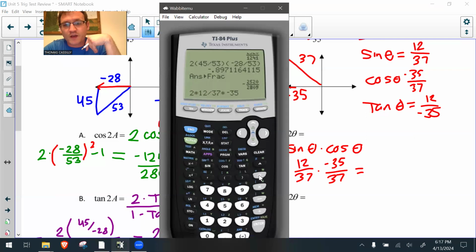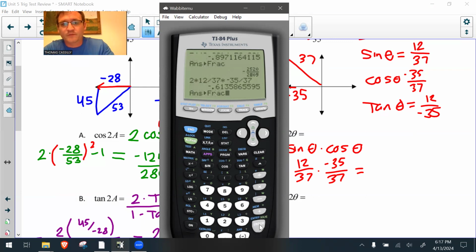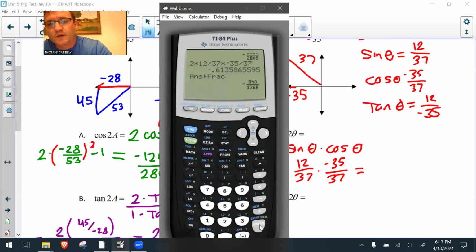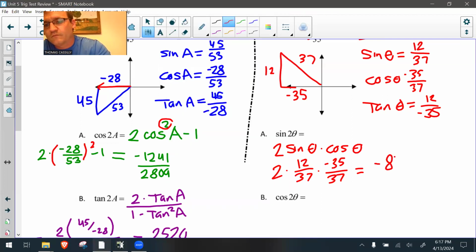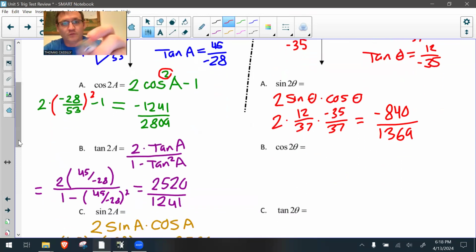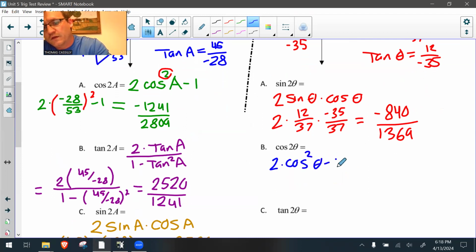And again, just to reiterate, these are fractions, but a fraction is just divide, okay? So these are the same things that I'm typing into my calculator here. So yeah, 840 over 1369. Right. The cosine. Again, there's multiple identities. I'm just going to use the one I used on the last one. 2 times cosine squared of theta minus 1.